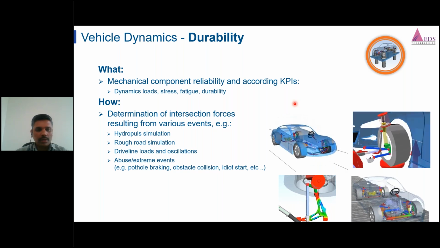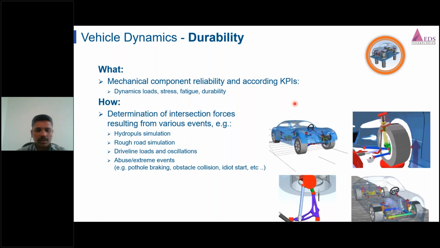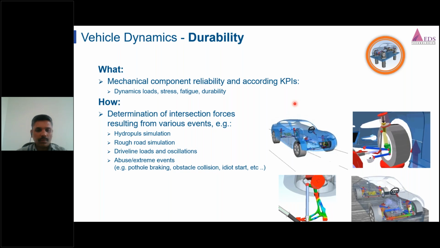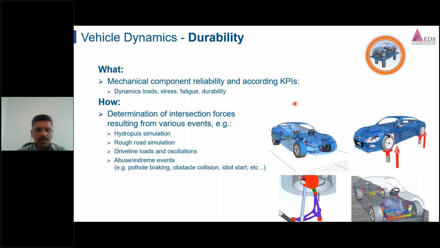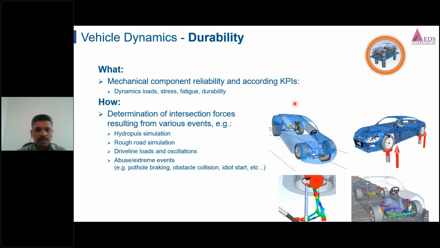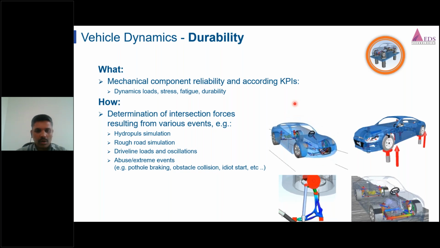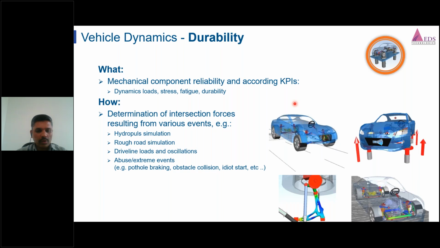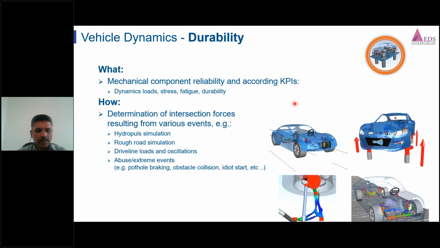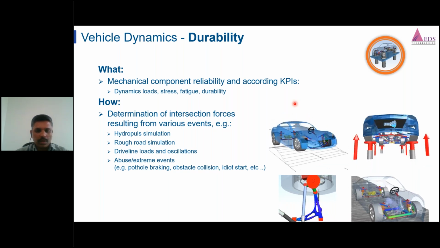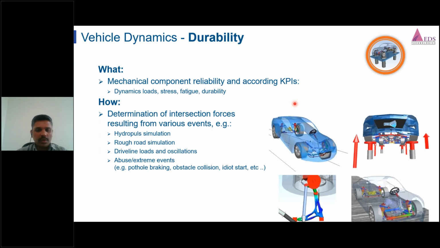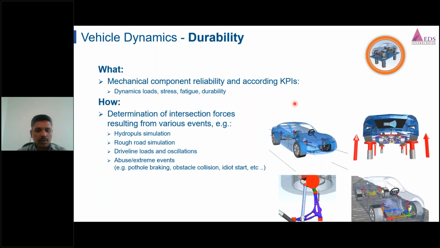How to determine this in virtual simulation? Typically there are hydropulse simulations, rough road simulations, or also driveline loads and oscillations, which are input for the according dynamic loads. Also abuse or extreme events can be used in order to determine according loads.